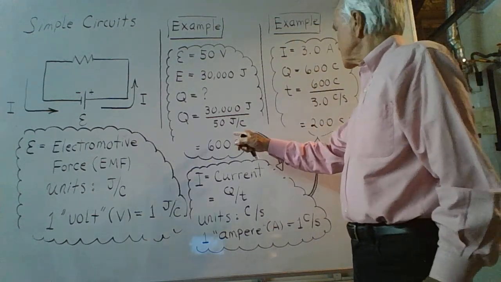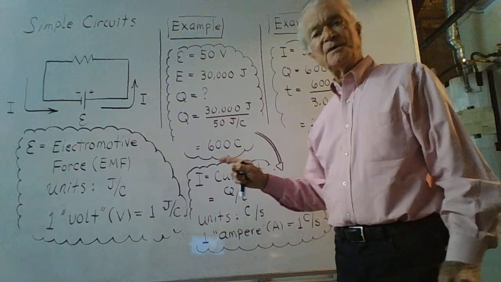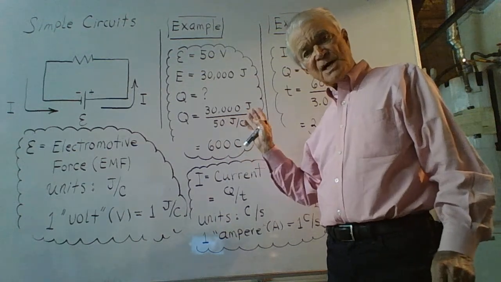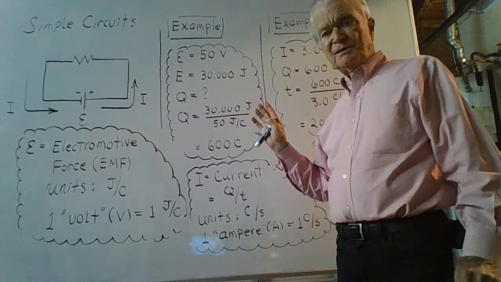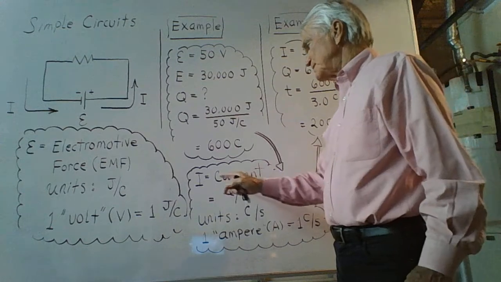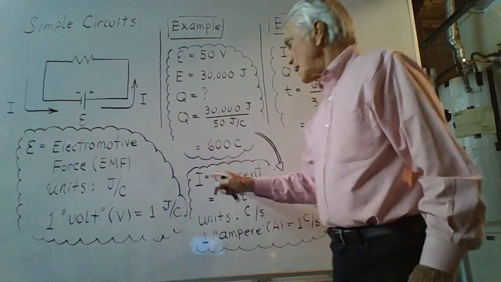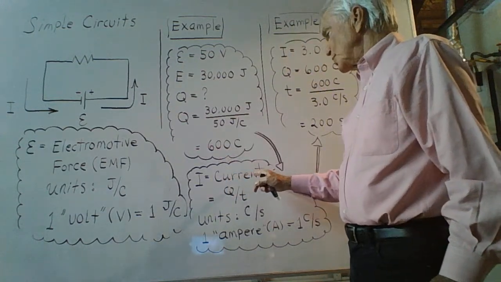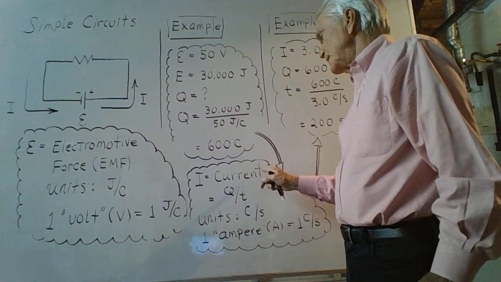Now we'll come back to the 600 coulomb value in the next example, but not until I've discussed the meaning of I. I is a so-called electrical current. We can just say current.